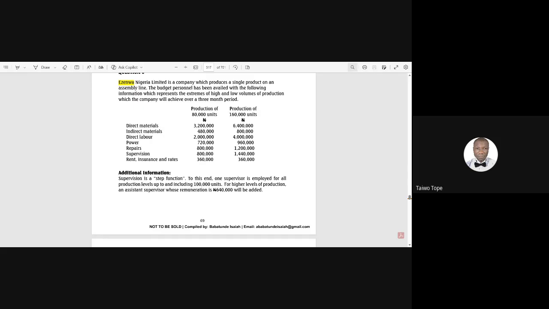So the value of your rent and insurance, you also work based on the high-low method. Rent, insurance and rates. Let me see if there is any additional information related to that.